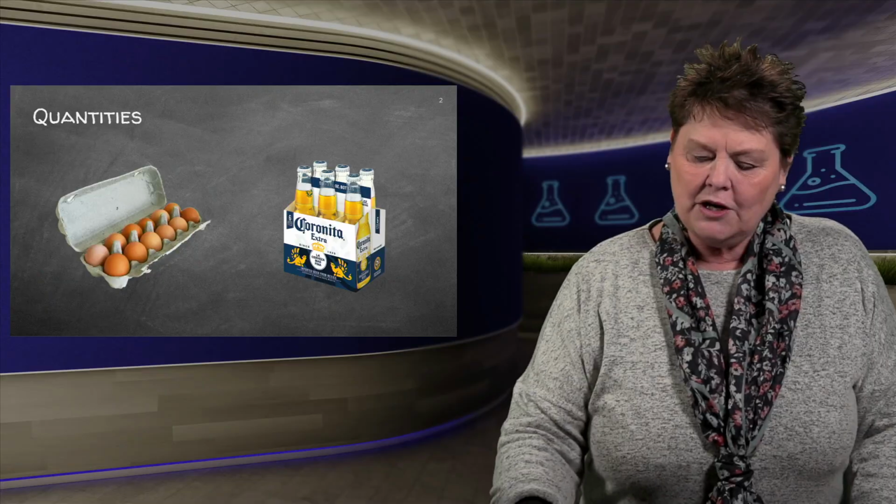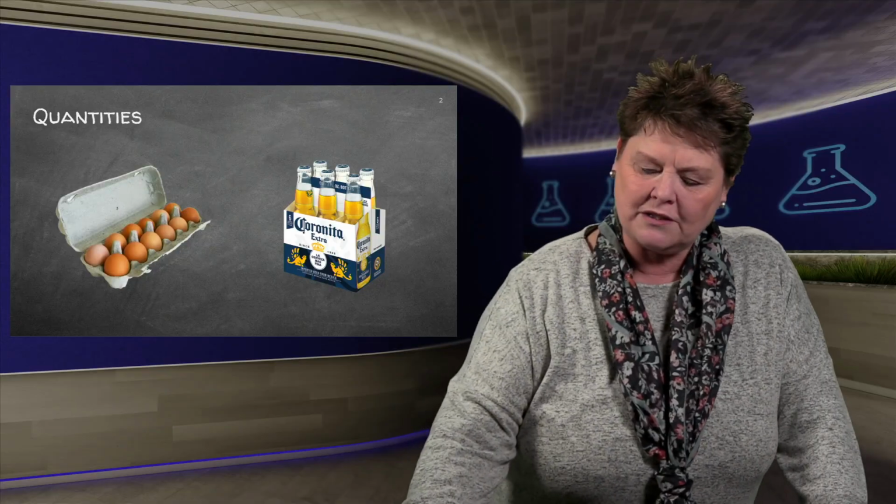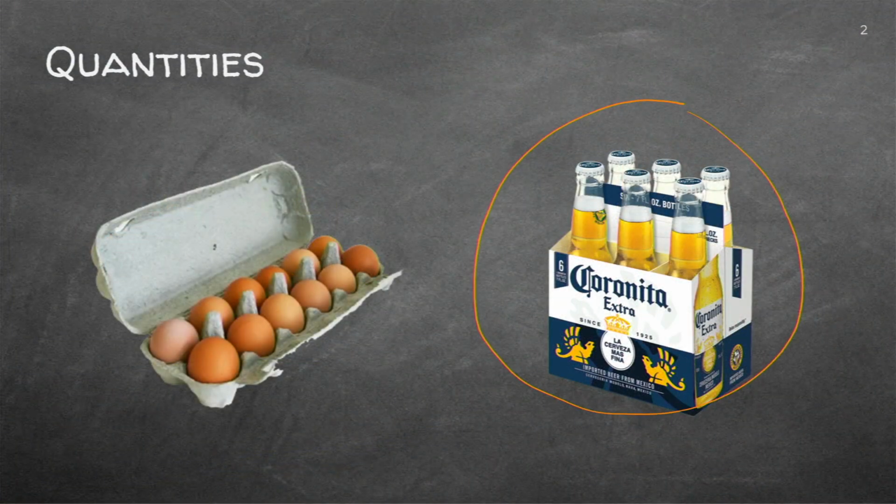Right, let's have a look at two pictures which you might know. I mean, you're in matric, so you might even know what this is. What is the number of eggs that we have here? Well, your mom will tell you it's a dozen. So why do we work in dozens? Because we don't have to say every time 12 or 24 or 36.